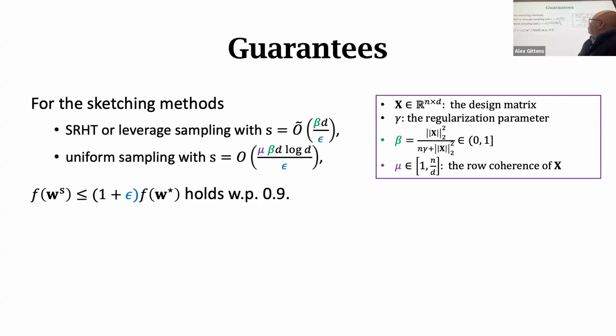Now, uniform sampling can be very expensive because it depends on this thing called the row coherence of X. And in the worst case, your row coherence could be N over D. In which case, if you look at this thing, it's order N. So you have to sample everything. And the reason for this is that leverage sampling is adaptive to your data. Uniform sampling is not.